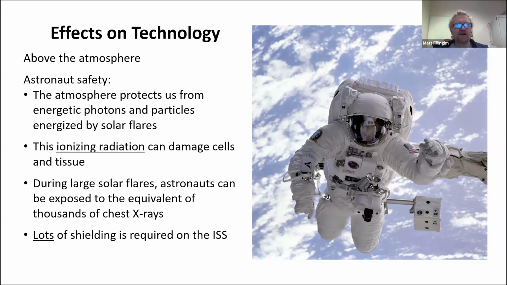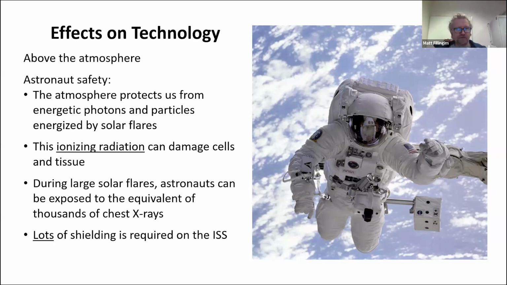And so these very energetic photons and very energetic particles, we call them ionizing radiation, because when they hit an atom or molecule, they have enough energy to break that molecule apart, or to ionize that atom and eject some electrons, and basically change the chemistry of how that works. That can damage cells and biological tissue, and so that's a bad thing.